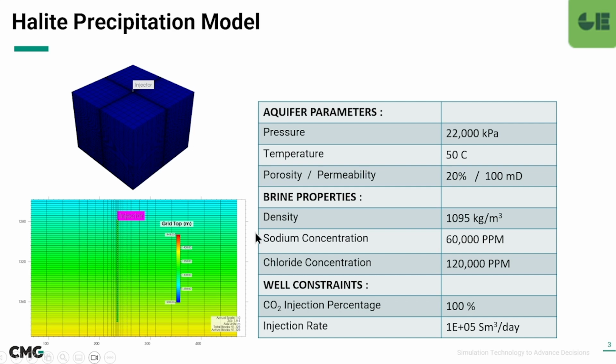The brine properties in terms of density, 1095 kilograms per cubic meter, and then sodium and chloride original concentrations are known, and they are respectively equal to 60,000 and 120,000 ppm, and I will show you later how to input this data into the model. The well constraints: the well is injecting pure CO2 with a constant injection rate of 100,000 standard cubic meters a day. The well is injected for a month, after which it is shut.